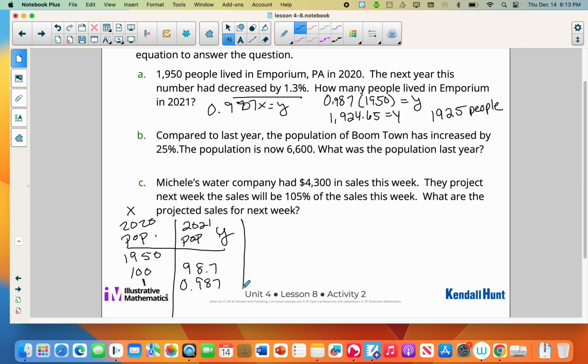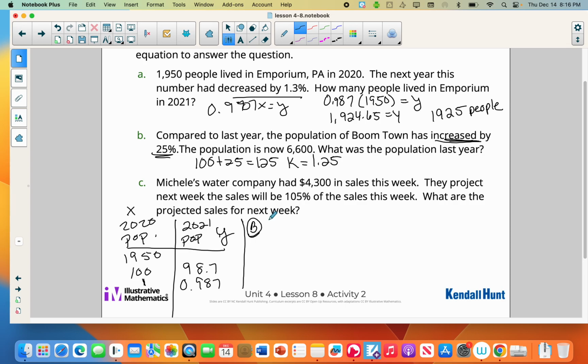Let's see if we can do the next one without a table. If you need a table, go ahead and use a table. Compared to last year, the population of Boomtown has increased by 25%. Increased by 25%. So that means I'm going to add 25 to 100 to get 125. So my k value is going to be 1.25.